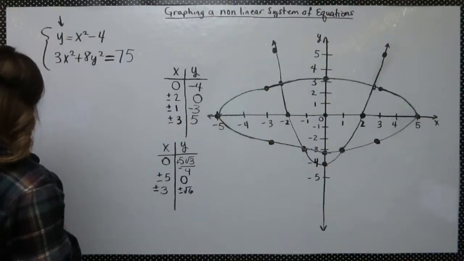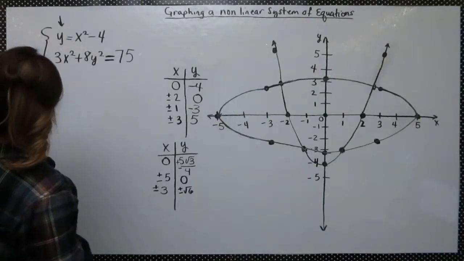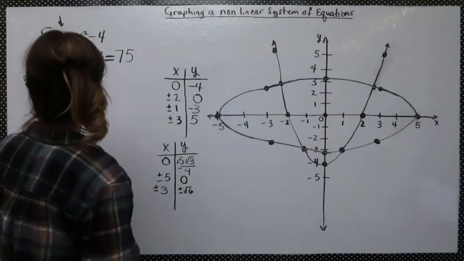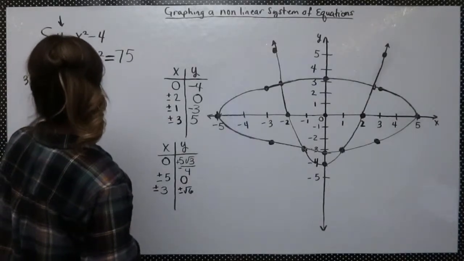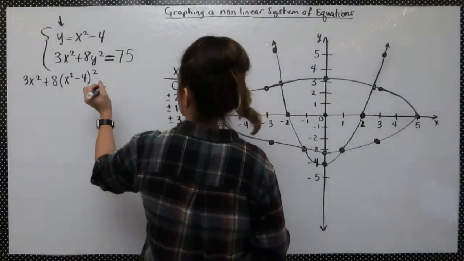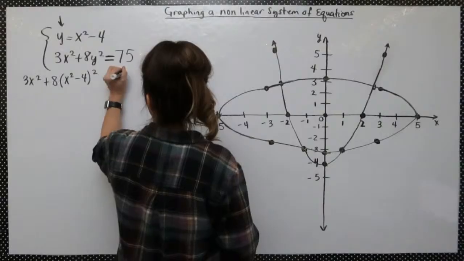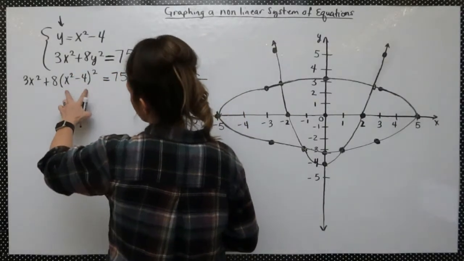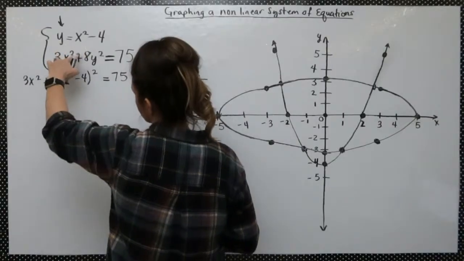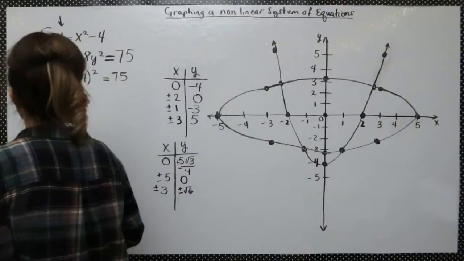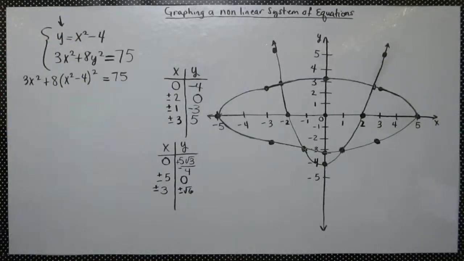So this is 3x squared plus 8 times the quantity x squared minus 4, squared, and that equals 75. All I did was, instead of writing y, I opened up parentheses and inserted into the parentheses what y is equal to. So I'm making a substitution. I'm not doing any math magic here yet.